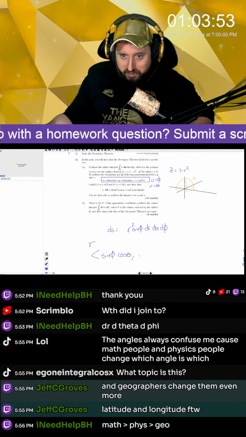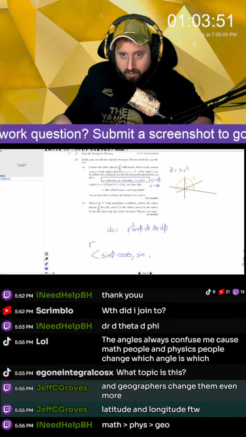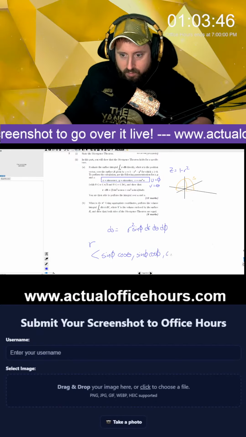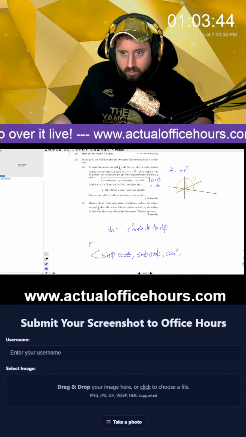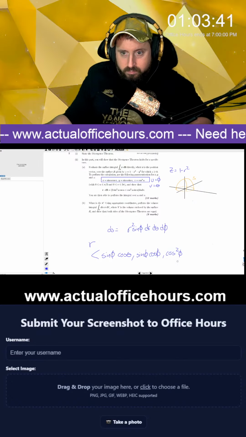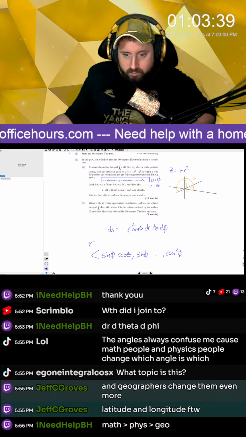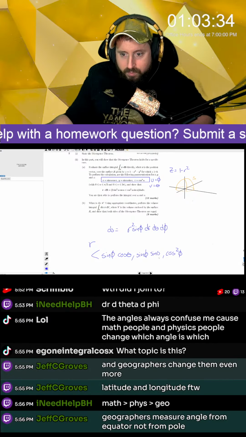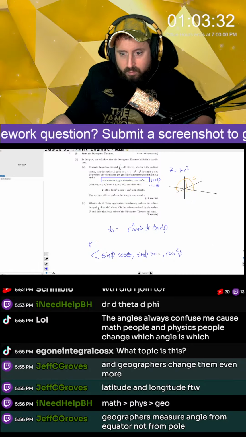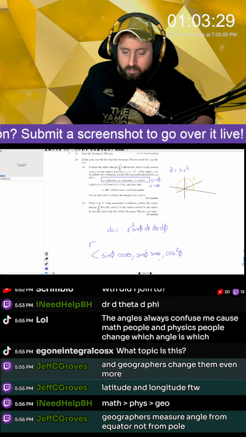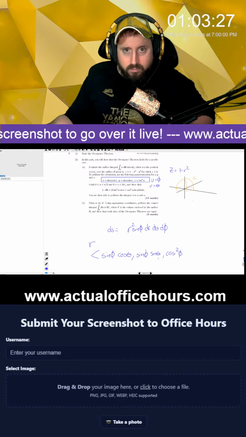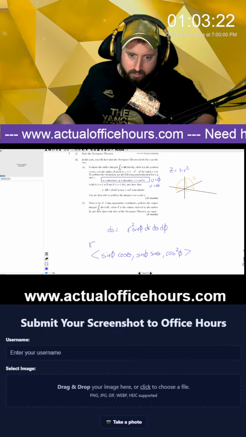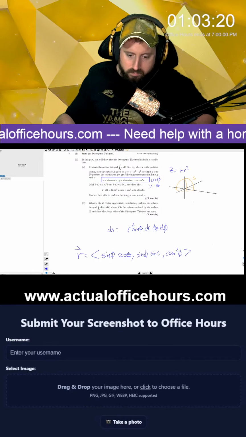I didn't even know geographers change them too. This is sine phi cosine phi, and then this is cosine squared phi. Oh, sorry, this is sine phi as well. Wait, they keep changing the order. Sine theta. Okay. Right? That's our vector, no?